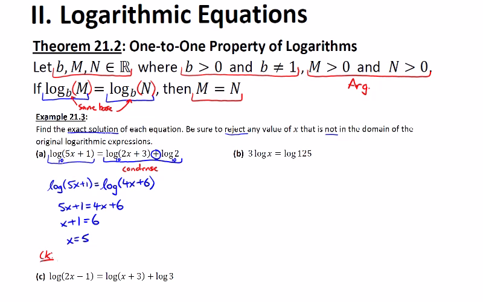So the first one has log with 5 times 5 plus 1 for its argument equal to log of 2 times 5 plus 3 for its argument, and the last one doesn't have x at all, it's just log of 2, so I don't have to plug anything in there.